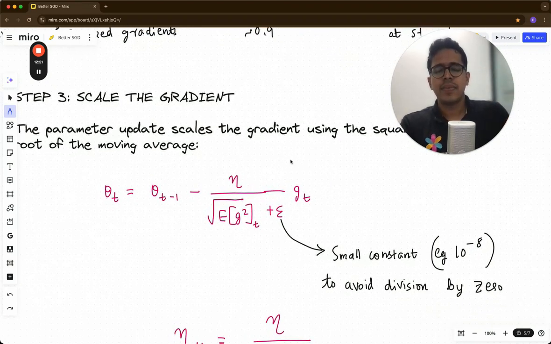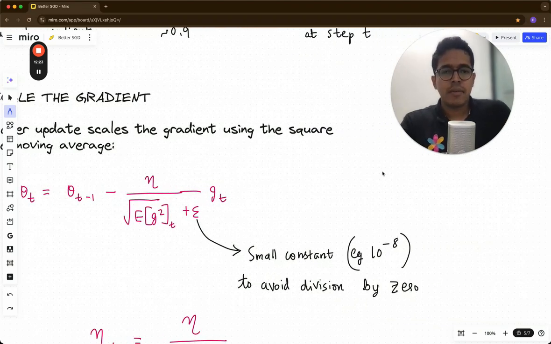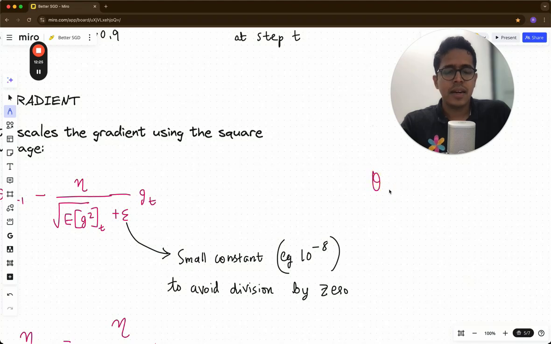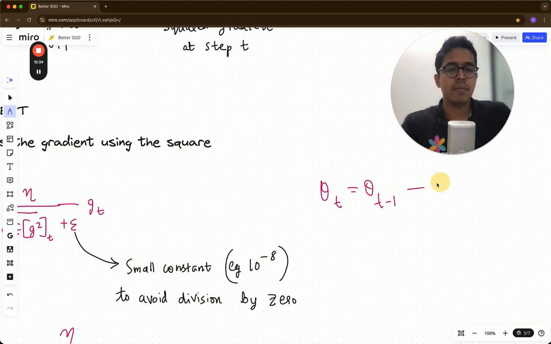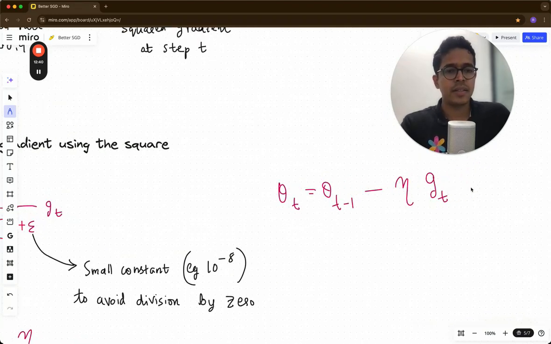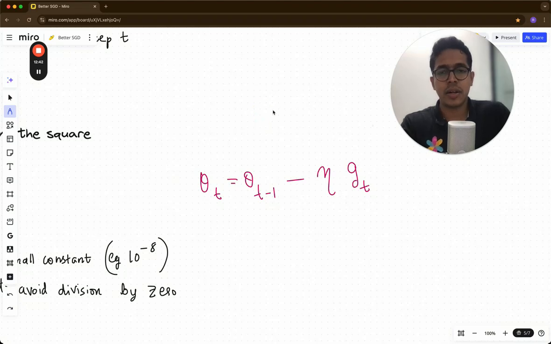So here, in vanilla gradient descent, we had theta at time step t equal to theta at time step t minus 1 minus eta times g_t, right? Gradient at time step t. This is vanilla gradient descent or batch gradient descent, BGD.